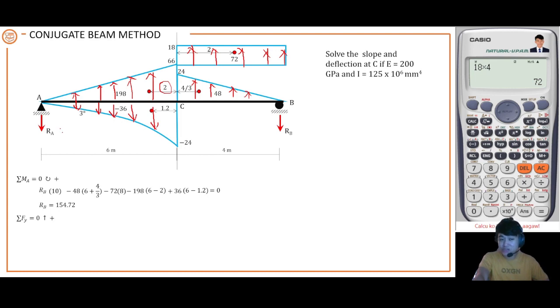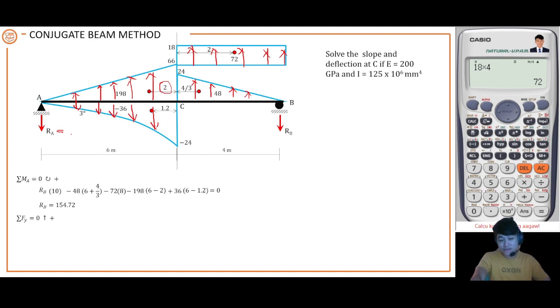Again, this reaction at A is the shear at A, or the slope of your real beam at A. So if that is the question, once you have the reaction at A, you can easily identify the slope at A.